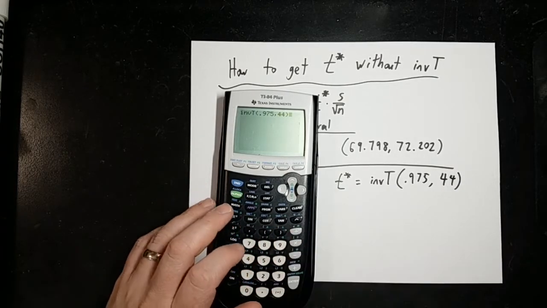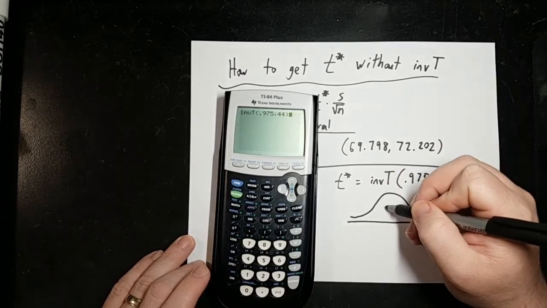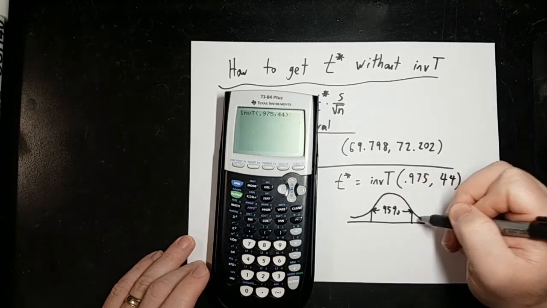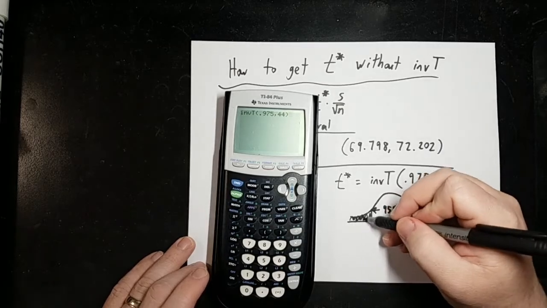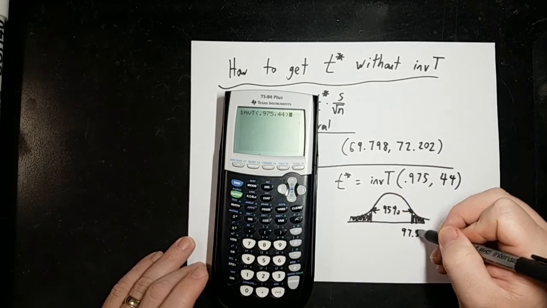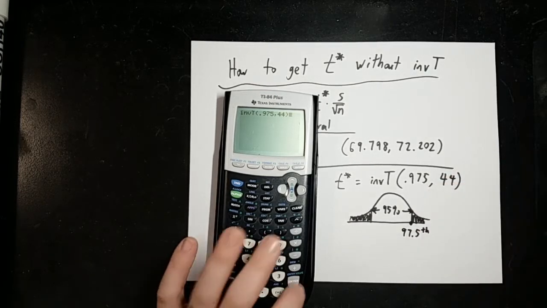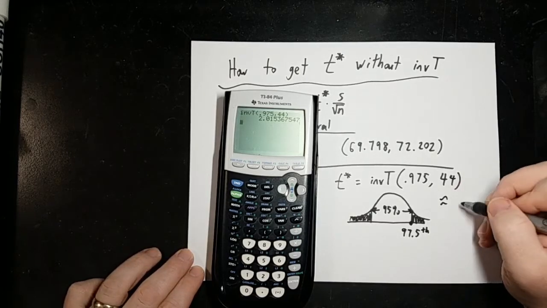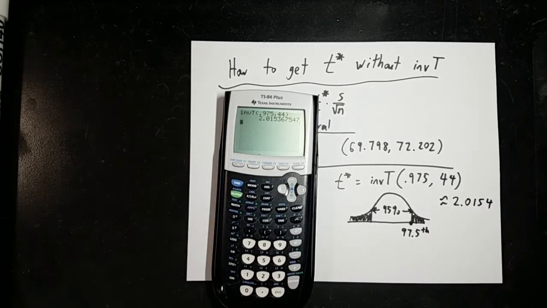The reason for that is because if you are finding a 95% confidence interval, you are excluding 5%, which is split symmetrically between the two, 2.5%, 2.5%, which would put you at the 97.5th percentile. 44, because of the degrees of freedom, that would give you a t star of approximately 2.0154 if I had to round it.